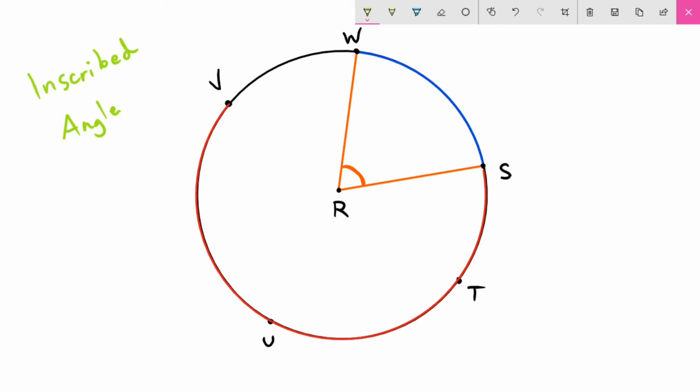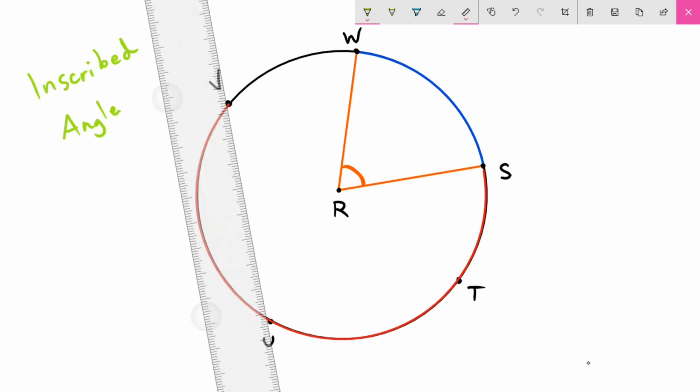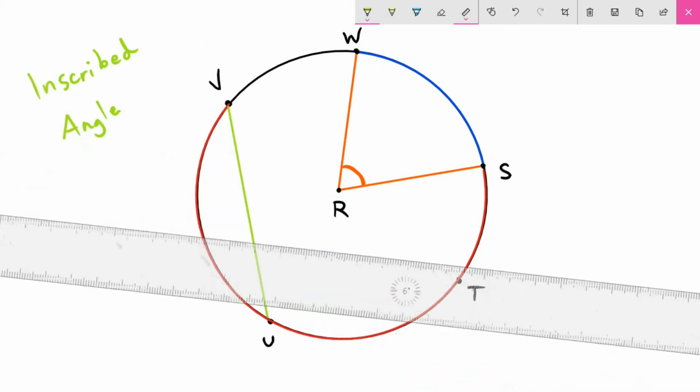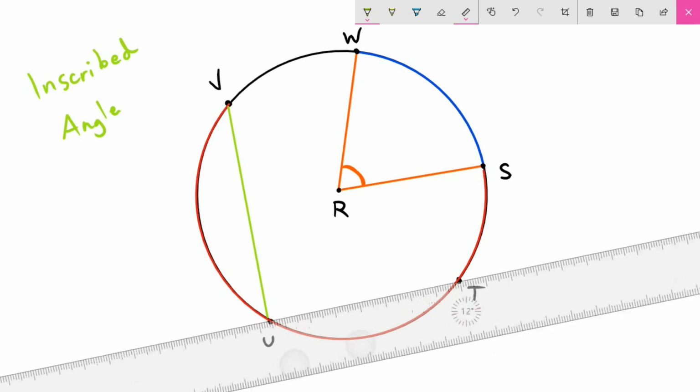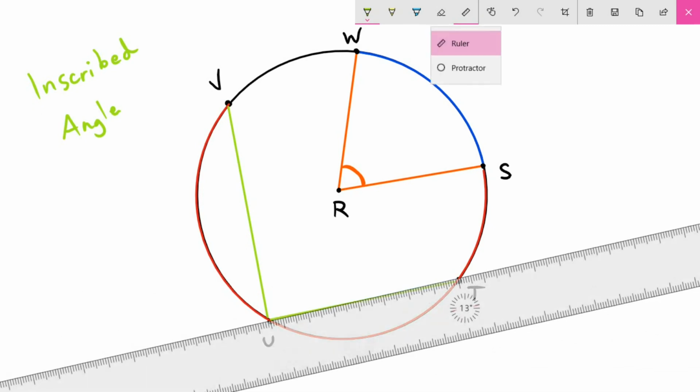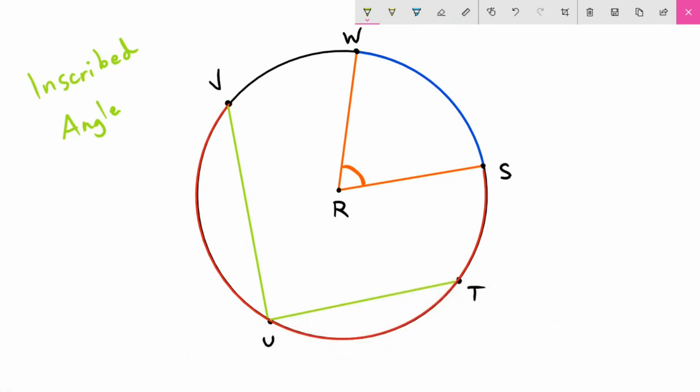VU is a chord, okay? Now there's another chord, UT, University of Texas, hook 'em horns. So that's 2 chords, and the vertex of these 2 chords, because they make a corner, is on the circle at point U.